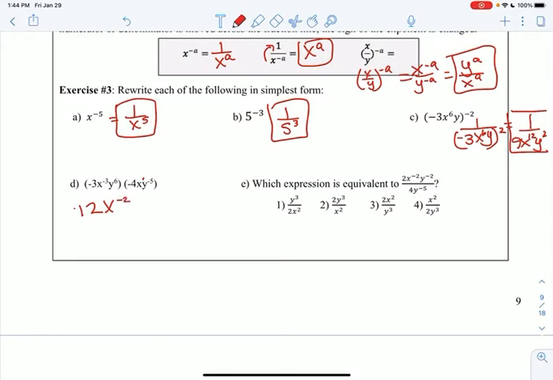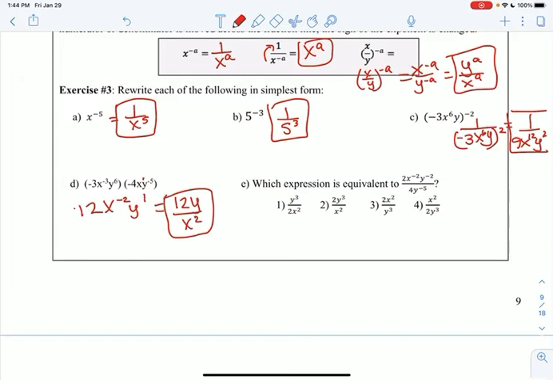And again, I'm going to add the exponents. I have 6 y's and y to the negative 5th, so that's y to the 1. Now the only thing that's negative is that x. So the x is the only thing that needs to move to the denominator. The 12 staying on top, the y staying on top, and the x squared will move to the denominator, so it's positive x squared. So these can get a little bit tricky.